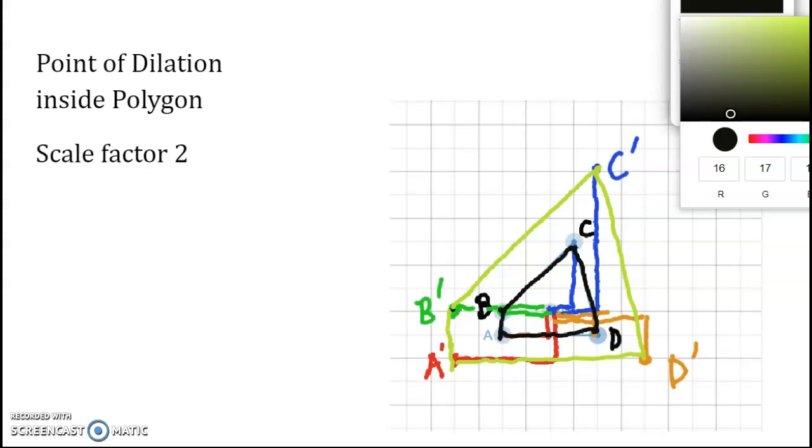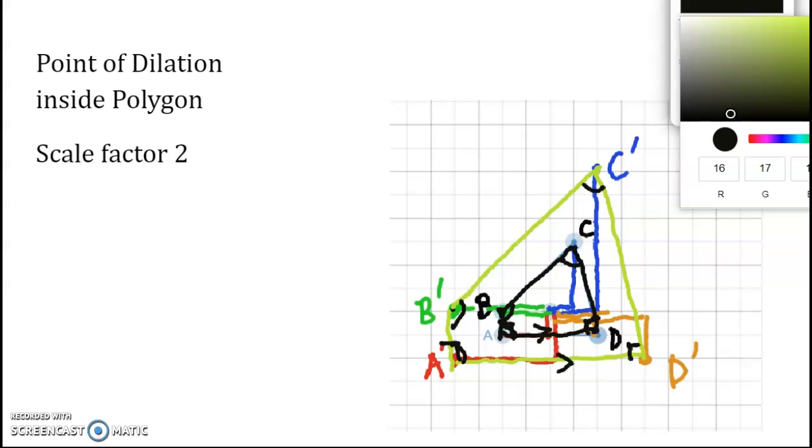Okay, and you can tell from here that again the angles are preserved, because we know that this is 90 degrees, this is 90 degrees, this is 90 degrees, and this is 90 degrees, because they're exactly on the grid. Indeed this angle and this angle are the same, and the measures are congruent. Likewise the lines are again parallel.